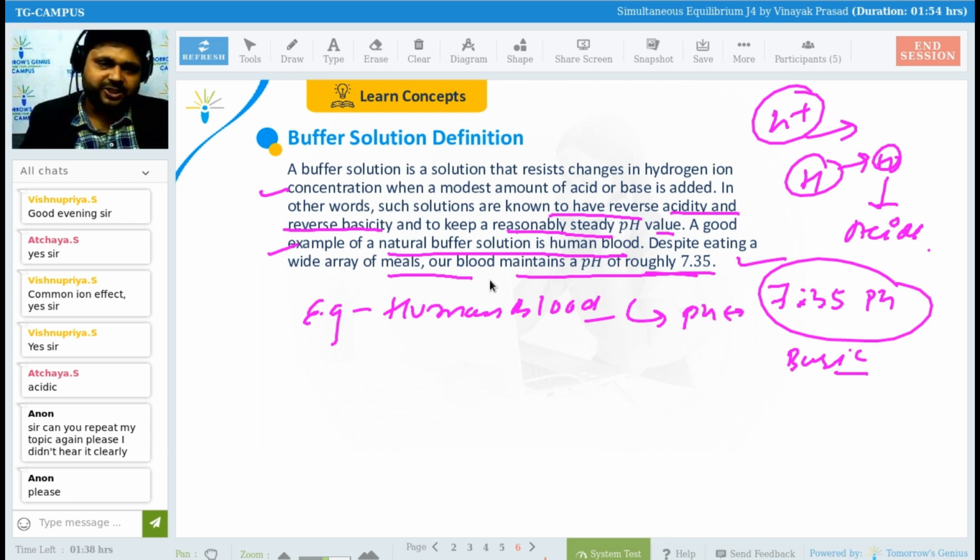The solution which resists change in pH on dilution or with the addition of a small amount of acid or alkali are called buffer solutions.